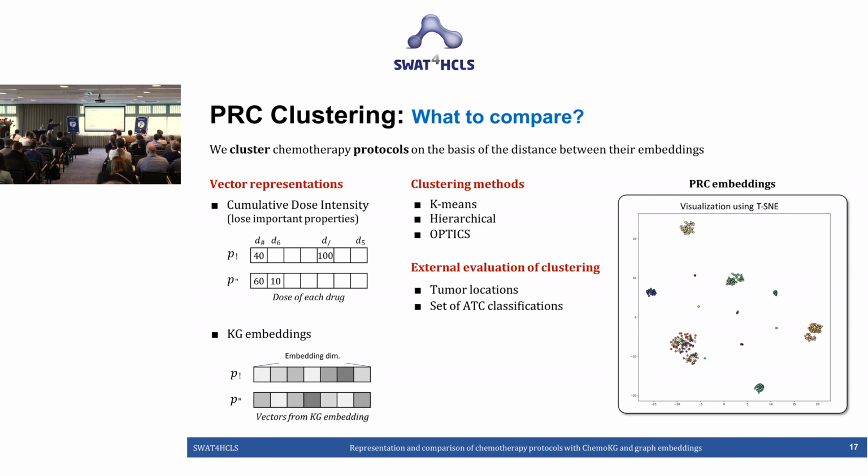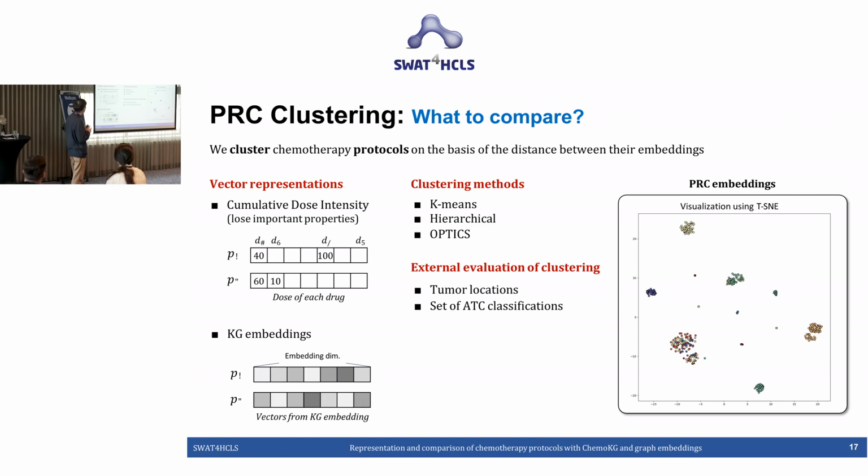And then obviously we compare this with the knowledge graph embedding models we built. For the clustering methods, we use the famous K-means method, and the hierarchical method with single linkage, and OPTICS. For the external evaluation of clustering, we use tumor locations and also sets of ATC classifications.